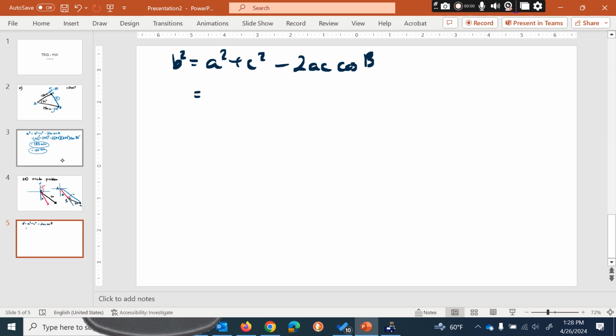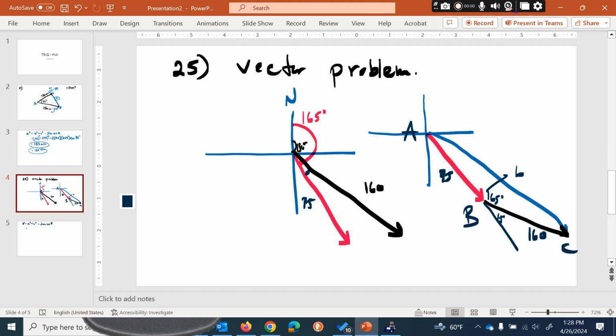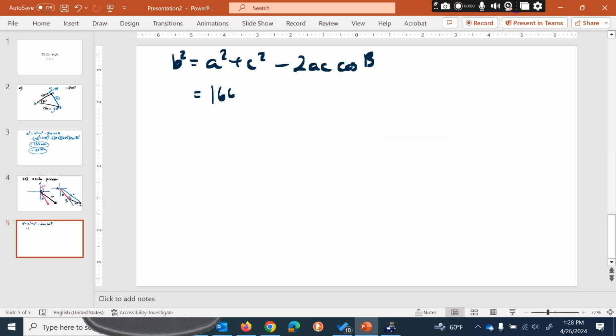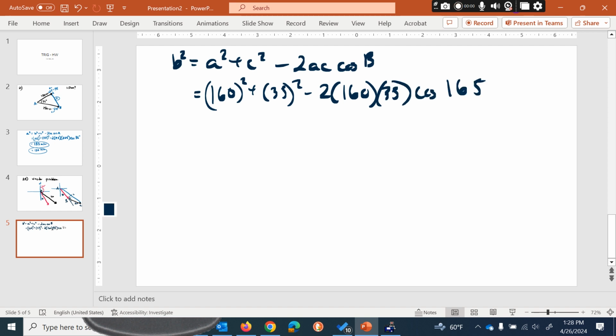So c is 35, little a is 160. So I got 160 squared plus 35 squared minus 2 times 160 times 35 cosine of 165 degrees.